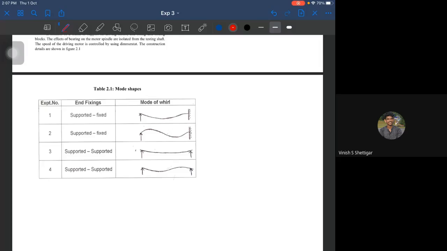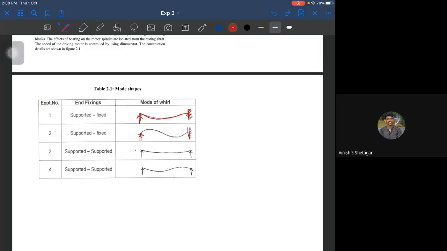Here the shaft is fixed, hope you can see it, and here it is simply supported. When it is such, the mode shape will be something like this. You can literally see the shaft bending in this order when it is supported and fixed.